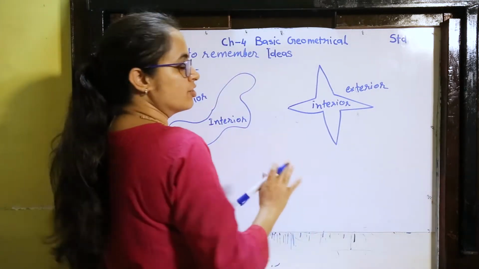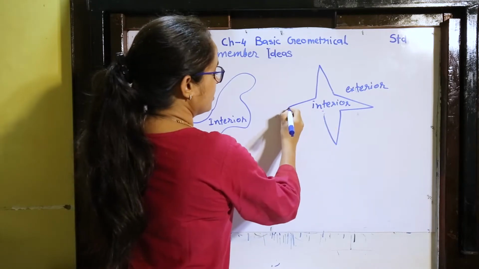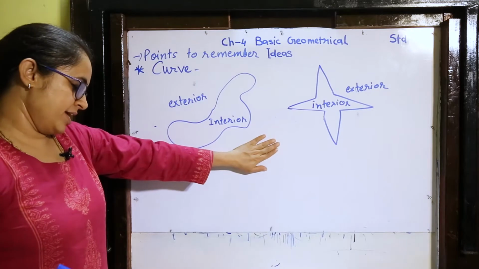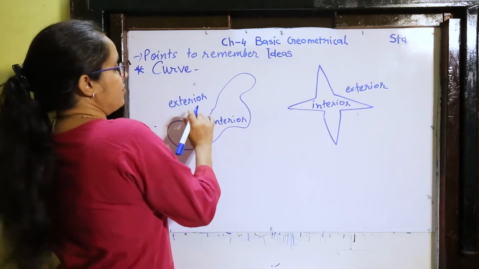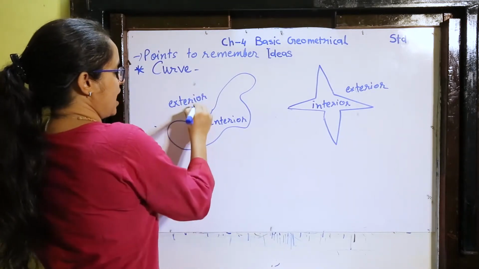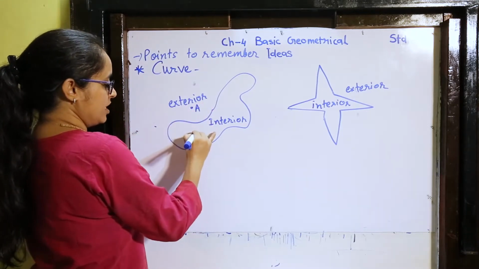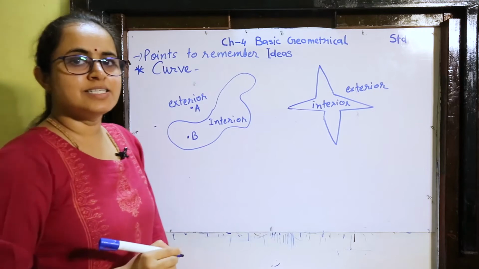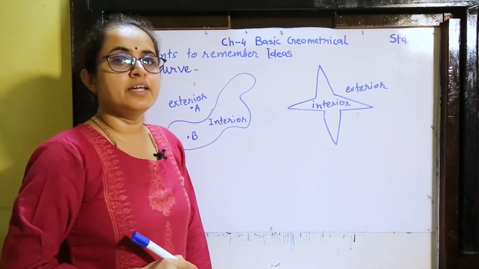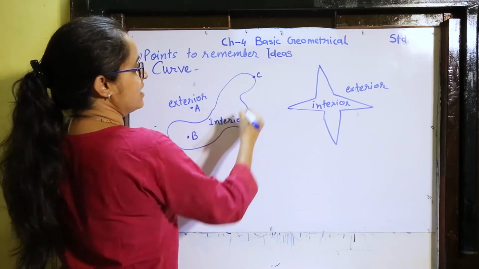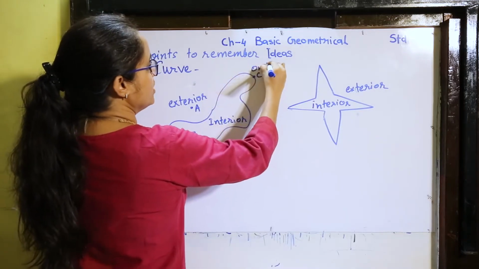You have to draw without lifting the pen. Okay. Now, when you finish drawing, if any point is outside the curve, that is called exterior point, and if any point is inside the curve, it is called interior point. Now, if any point is on the boundary, then it is called on the boundary.